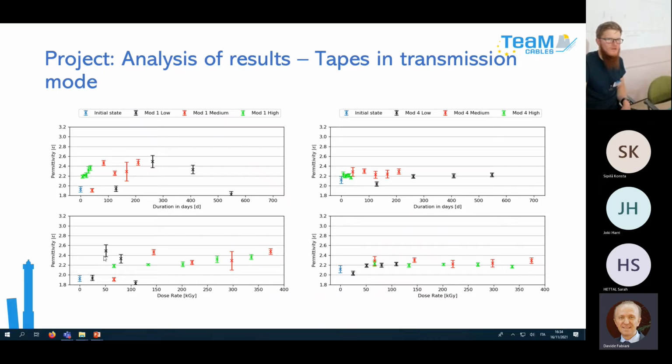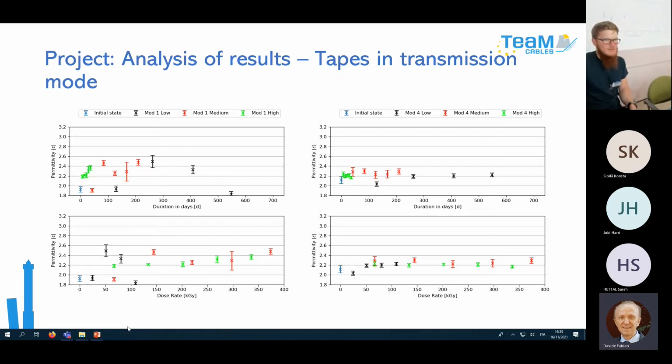For the low dose rate, it starts at exactly the same value as the initial state. Now you could say, okay, maybe there was some factory antioxidant in there, so nothing changed. Then there is a big jump in permittivity, and then it goes down again, even below the initial value.